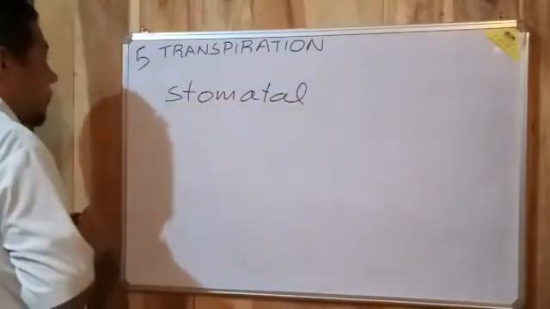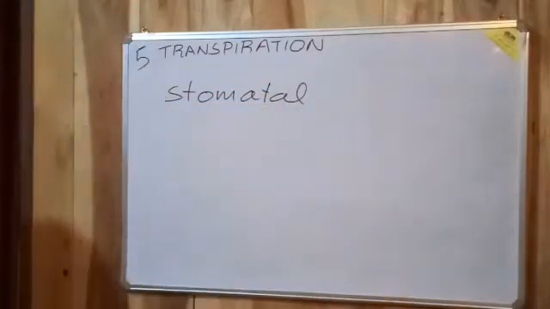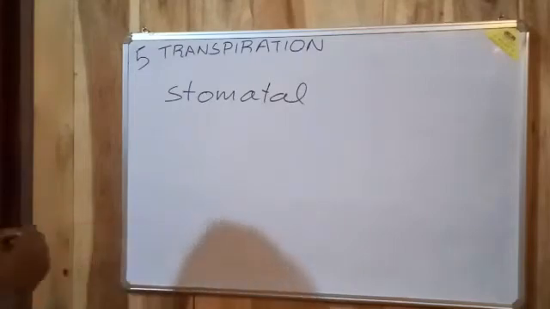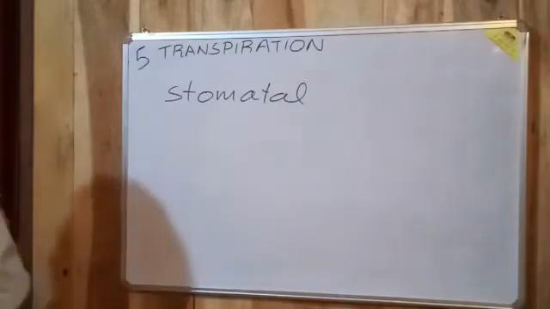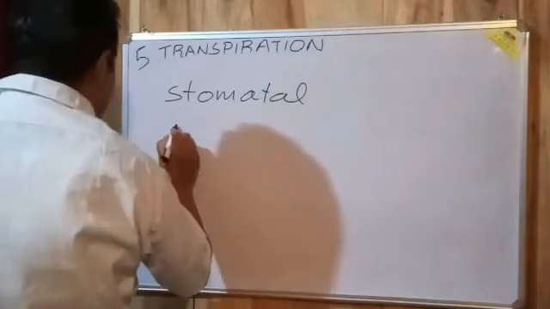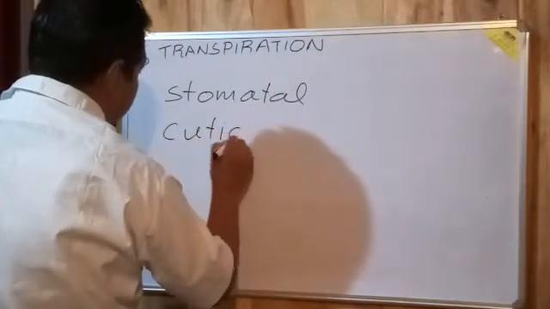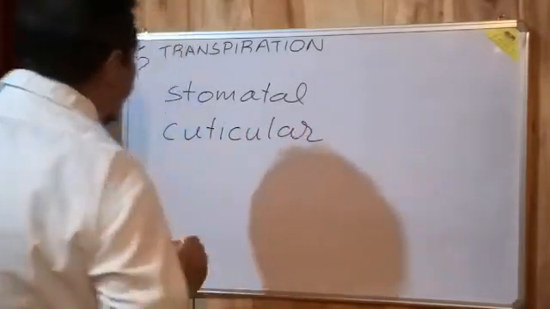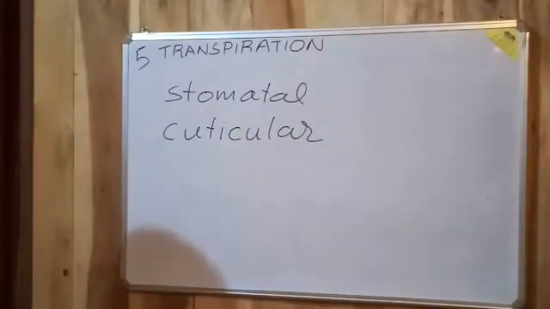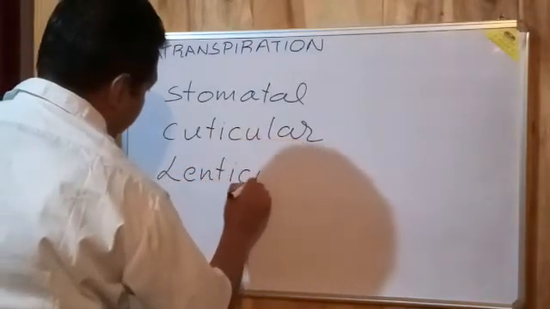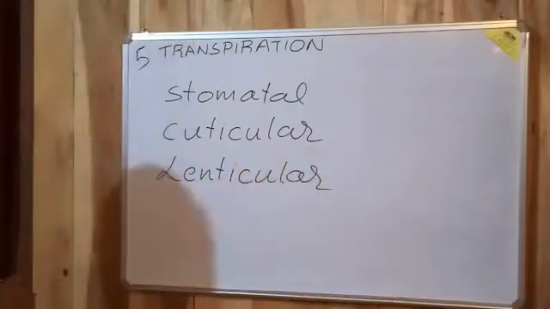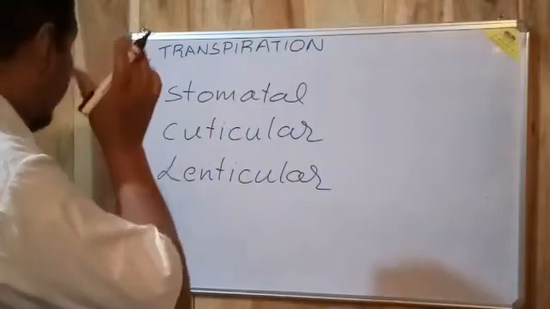Then the second one, the loss of water was from the cuticle of the plant, so it is known as cuticular transpiration. And the third one was from the lenticels. Therefore, it is known as lenticular transpiration.